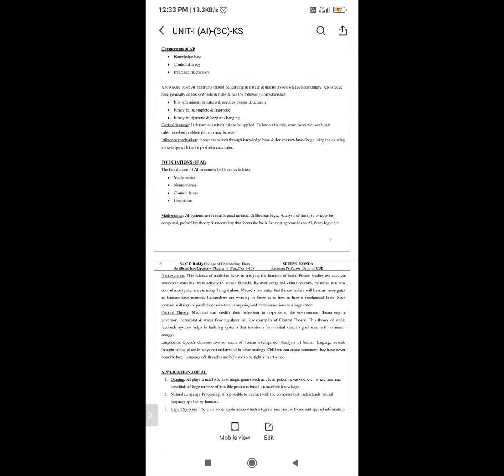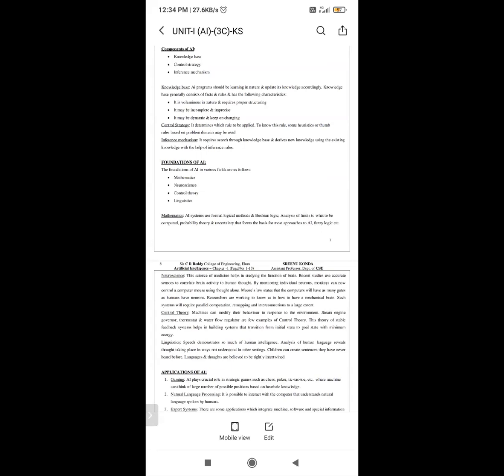For example, fuzzy logic, etc. So, coming to the mathematics field, it is going to use the formal logical methods and Boolean logical methods, analysis of limits to what can be computed, probability theory, and uncertainty that forms the basis for most approaches to AI, fuzzy logic, etc. Okay, that means it can be used in fuzzy logic, next proving the theorems, all these.